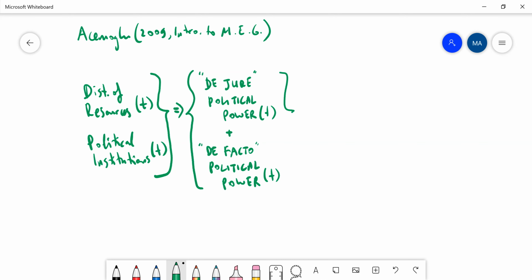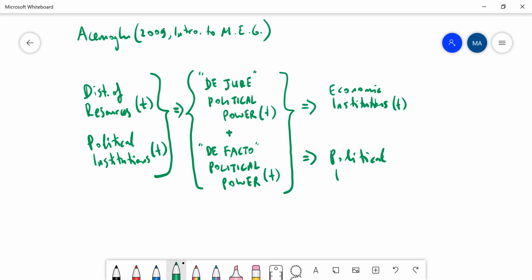Now, these two determine two things. One is economic institutions at time t, and the other is political institutions in t+1. Careful, political institutions in t+1, right?